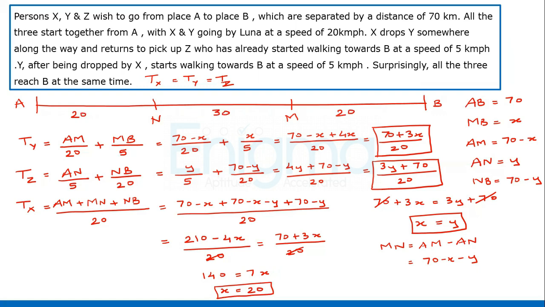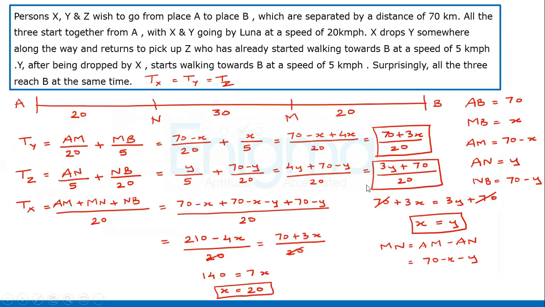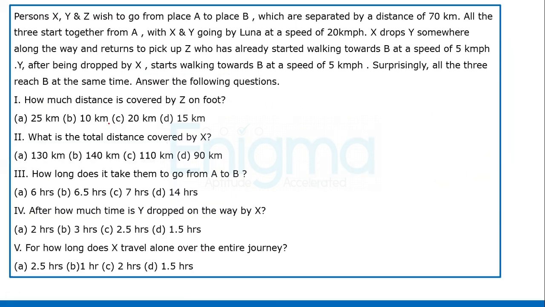So now let's answer the questions from the previous. How much distance is covered by Z on foot? Now Z has covered the distance AN on foot, and that comes out to be 20 kilometers. So answer will be option C. What is the total distance covered by X?